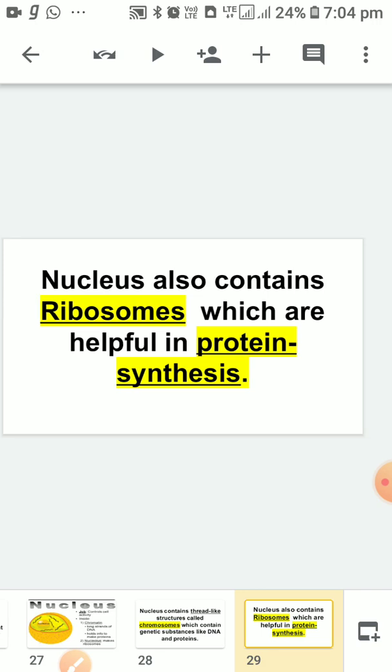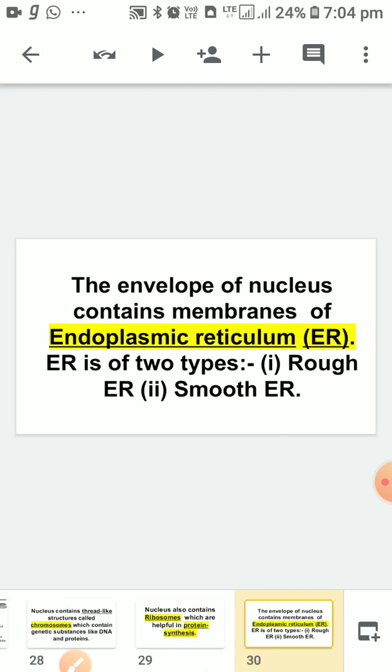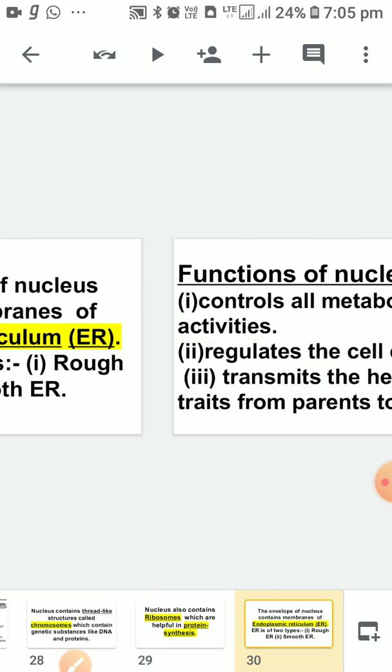They make protein for the body. The envelope of nucleus membranes are known as endoplasmic reticulum, and these endoplasmic reticulums are of two types: smooth endoplasmic reticulum and rough endoplasmic reticulum. Children, in shortcut, endoplasmic reticulum can be known as ER.